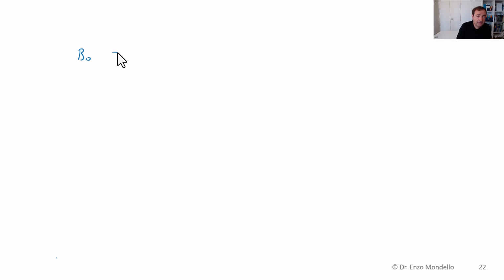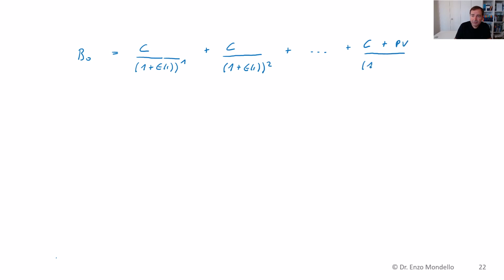The bond price is the coupon paid at the end of the first period, discounted back with the expected return to the power of 1 year, plus the coupon paid at the end of the second year, discounted back with the expected return over 2 years, plus and so forth, the coupon paid at maturity, plus the par value of the bond, discounted back with the expected return over the time to maturity of the bond.